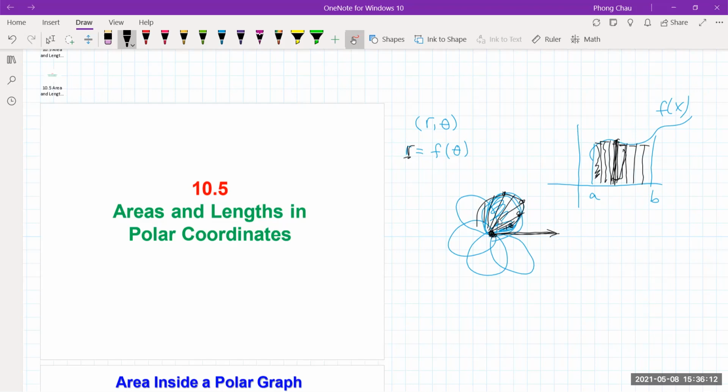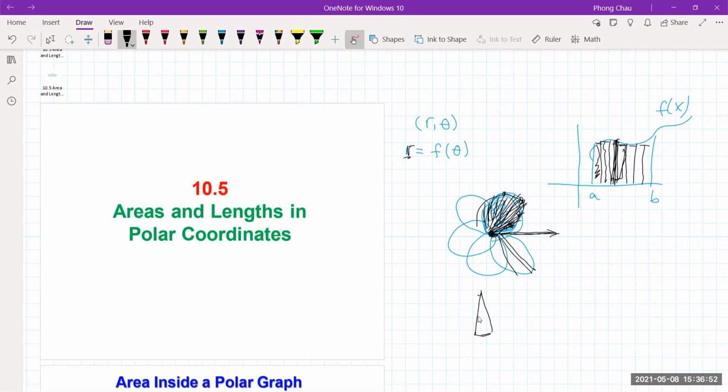And so for that reason, when finding the area inside the polar graph, we will do slicing in the directions through the pole. Rather than vertical or horizontal chopping, we will slice each section through the pole. So like cutting this. And as we're cutting through this, if we approximate, each of these will look something like this.